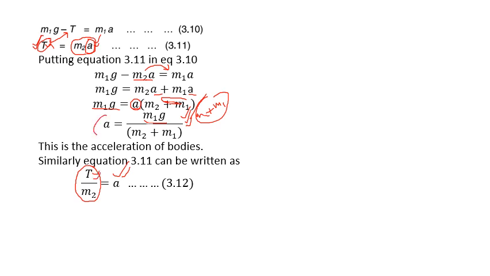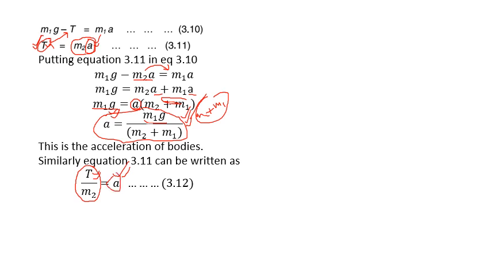In the previous formula we don't need tension to find the acceleration, but here we do. But if you have the tension in the string and mass m2, you can find the acceleration. So this is another formula.